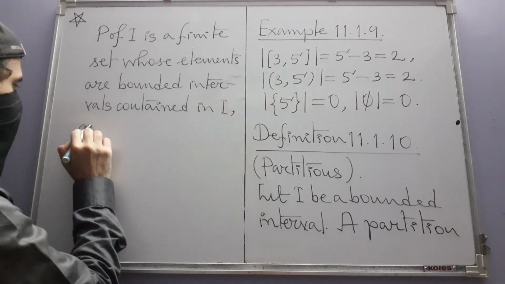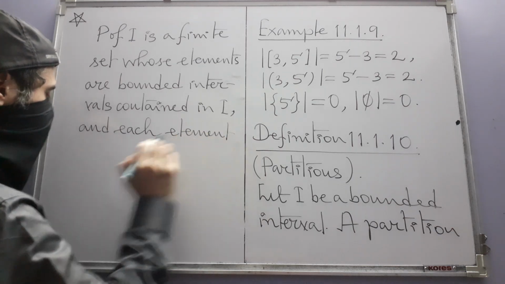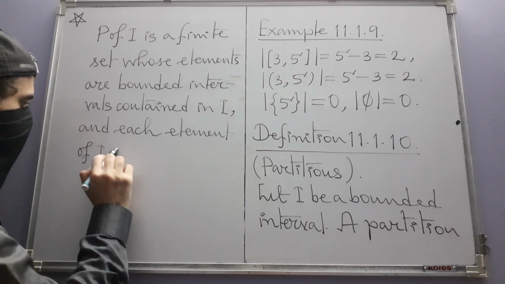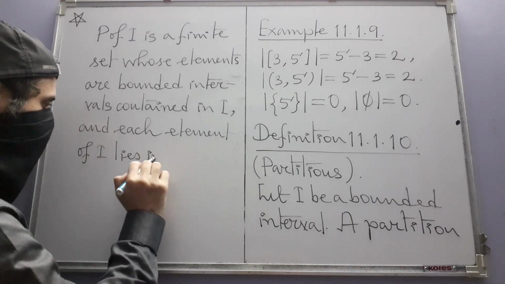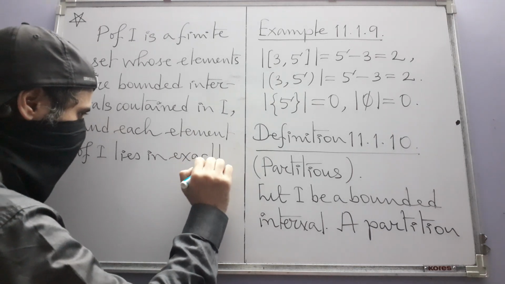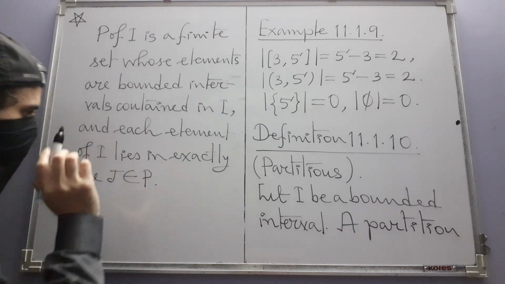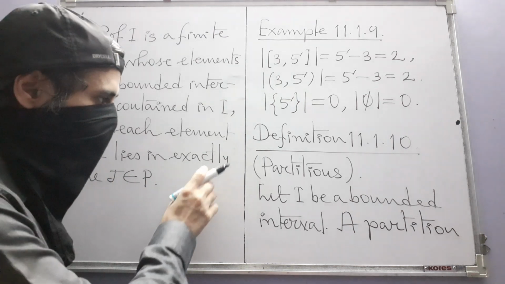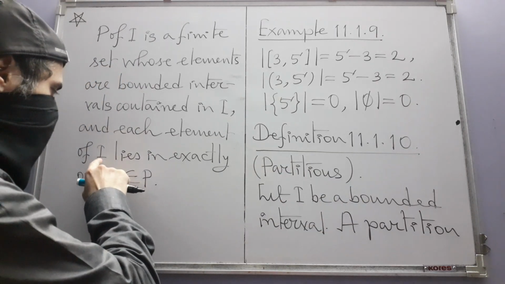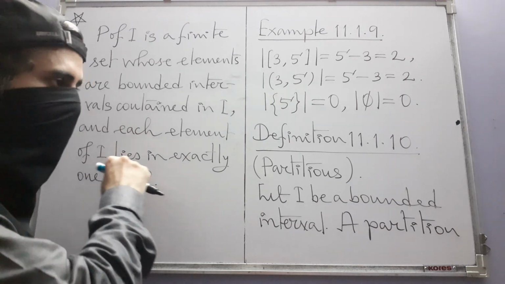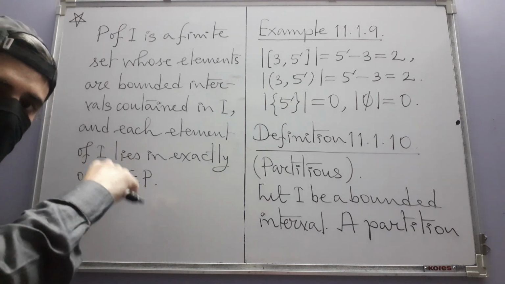And each element of I, or let me write like this, I lies in exactly one J in P. So the elements of P are bounded intervals which are all subsets of I, and if you take an arbitrary real number, a point from I, then that point lies in exactly one such element of P, exactly one such subinterval.